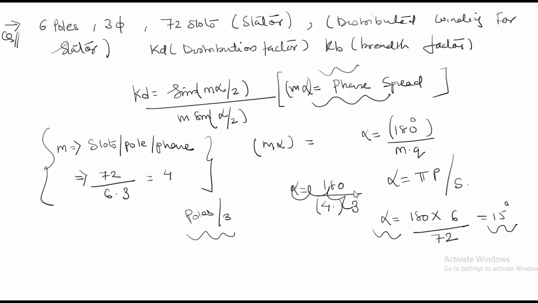So my phase spread is 4 into 15, and substituting in the equation, KD is equal to sine of 4 into 15 divided by 2, divided by M, which is 4, into sine of alpha by 2, where alpha is 15, so 15 by 2 is equal to 7.5.